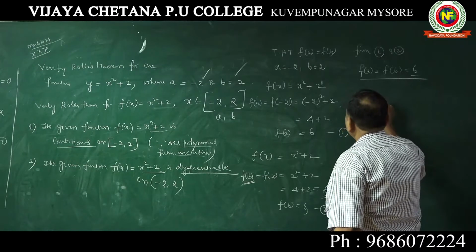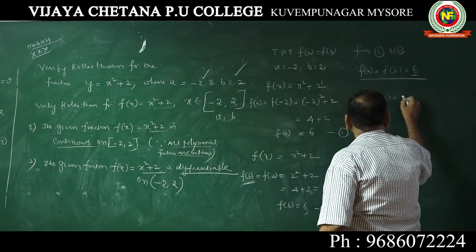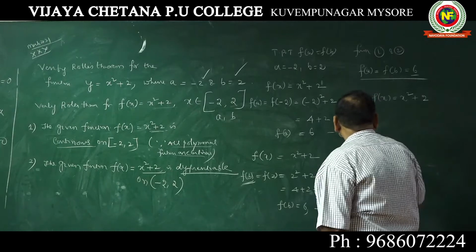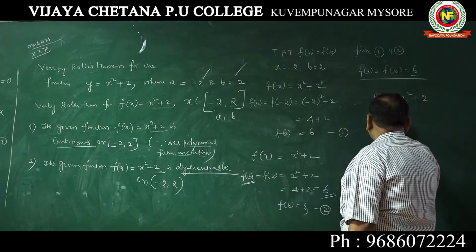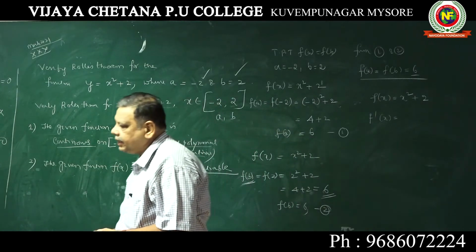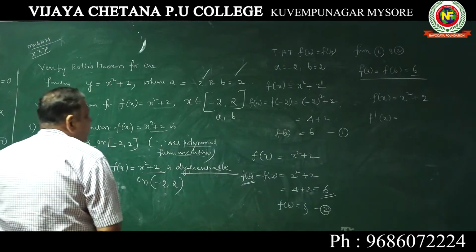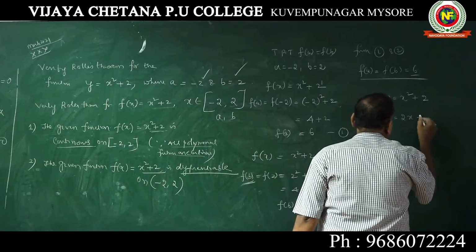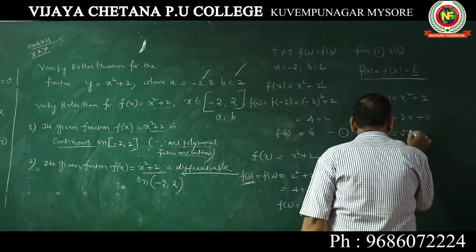f dash c is equal to 0 and c should belong to the open interval a comma b. Now you know f of x is equal to x square plus 2. Write out f dash x, and it is differentiation. You should note that is differentiation. f dash x is nothing but 2x, 2x plus 0, that is 2x. What is f dash c?